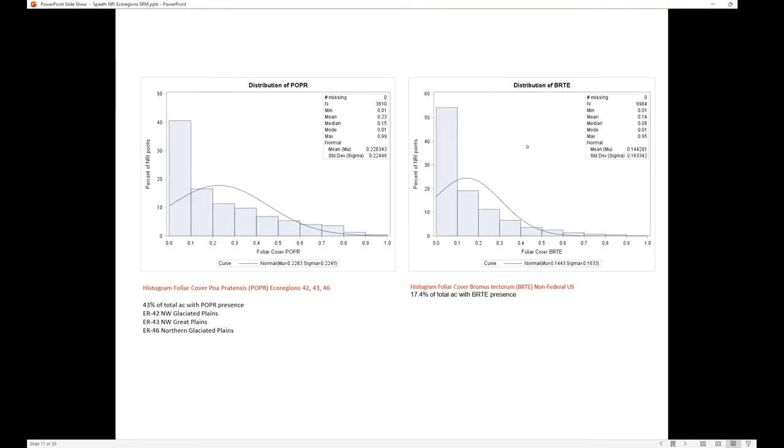Now let's look at cheatgrass brome for the entire U.S. The average foliar cover of cheatgrass where it occurs is 16%, and it occurred on 55% of our NRI points.